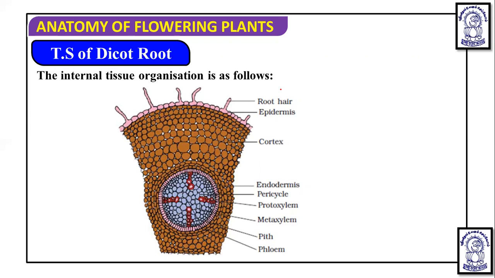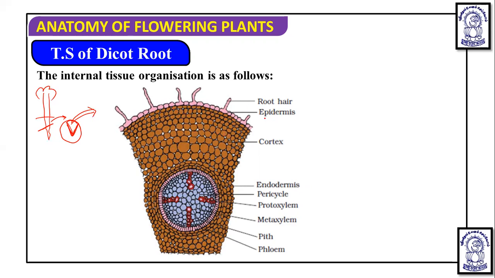Suppose this is a plant, this is the root. We have taken a transverse section of this root, and in this transverse section we are just observing this part, only this area we are drawing here.